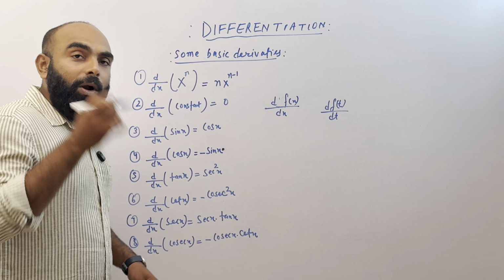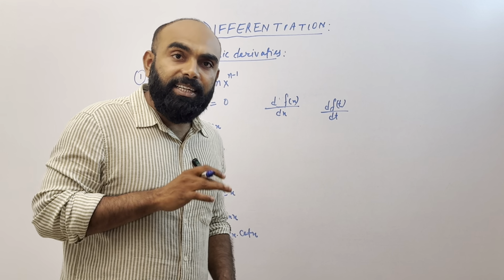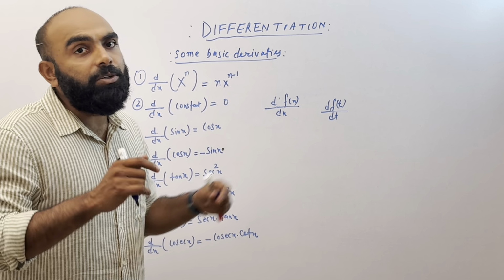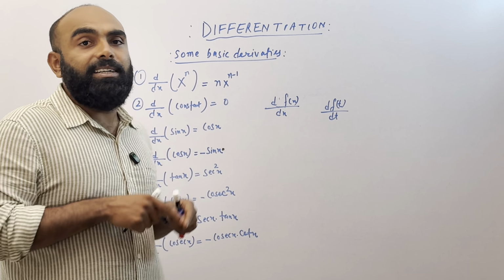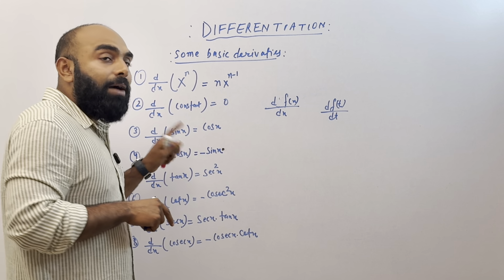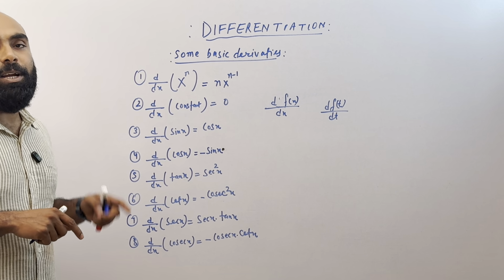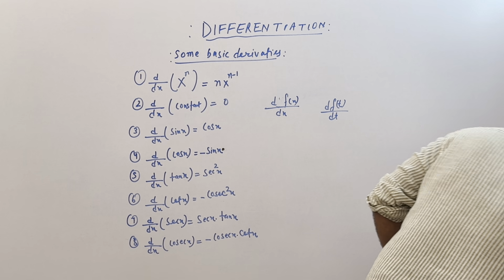Whatever the function is, if the variable is t, I will differentiate with respect to dt. If the variable is z, I will differentiate with respect to dz. Here the variable is x, so I am differentiating with respect to dx.